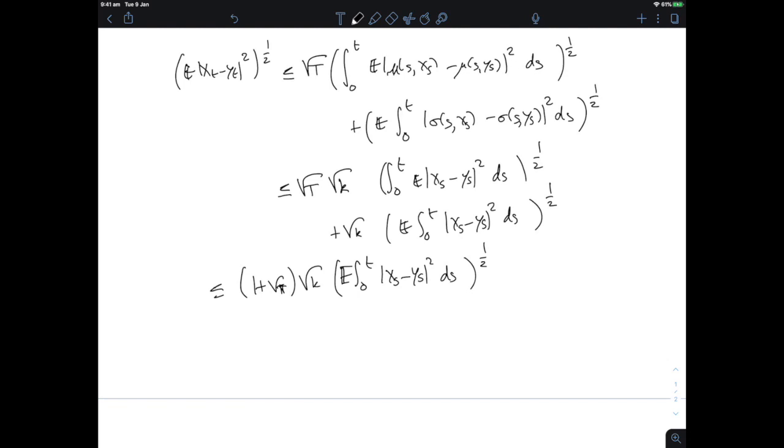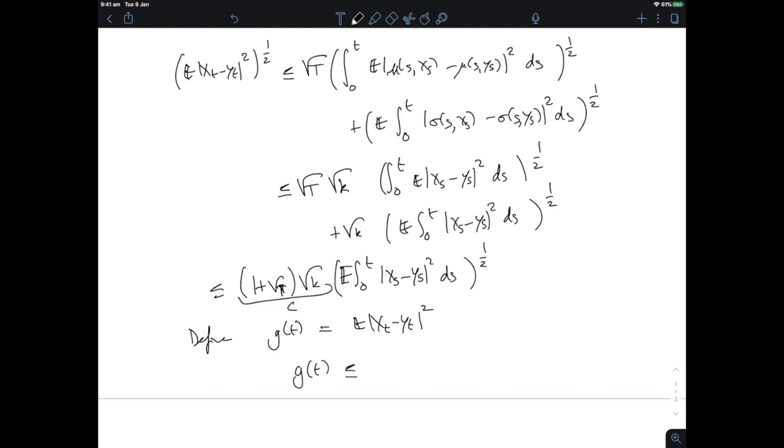Okay, so that's interesting. That means that if I look at the function g of t equal to the expectation of (Xt minus Yt) squared, what can I say about this function? Well, I can say that g of t is smaller than this number that I'm going to call c.